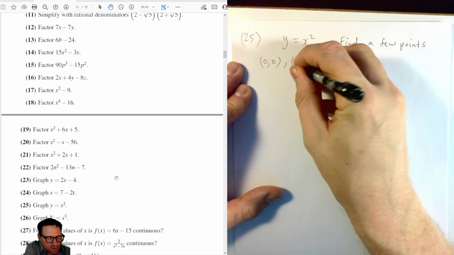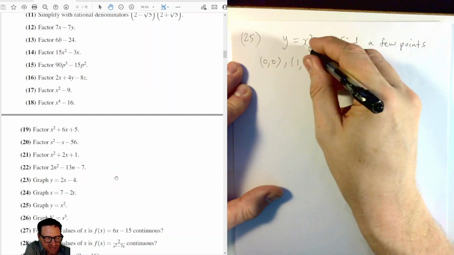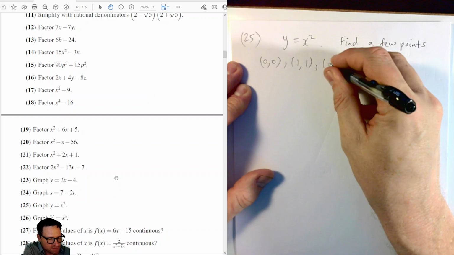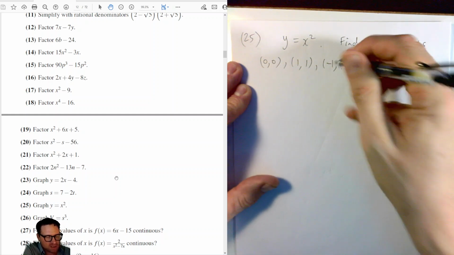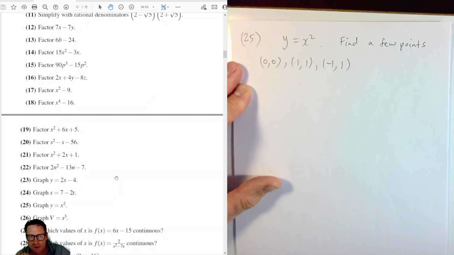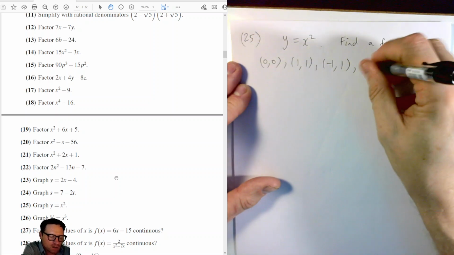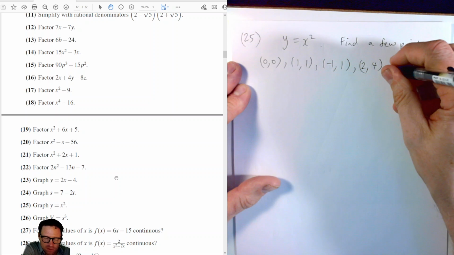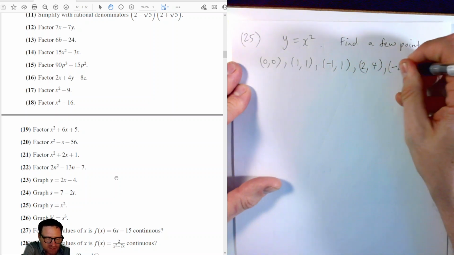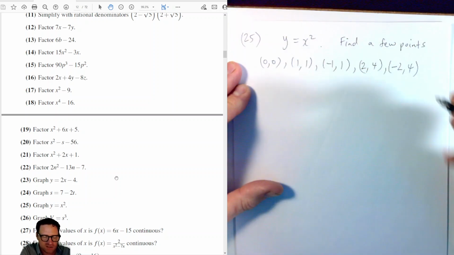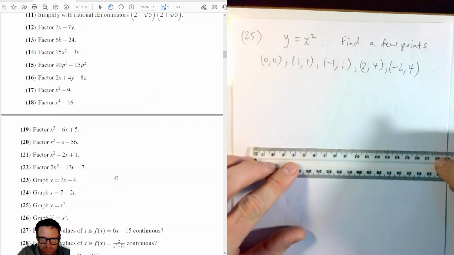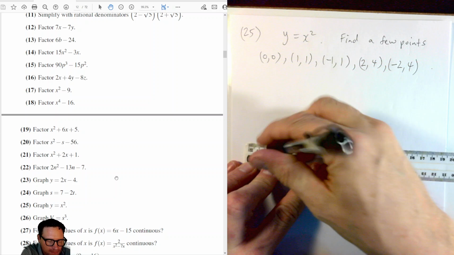We've got the point 1, 1, because when x is 1, 1 squared is 1. We've got the point minus 1, 1, because minus 1 squared is 1. We've got the point 2, 4, because 2 squared is 4. We've got the point minus 2, 4, because minus 2 squared is 4. So that should be enough to sketch our curve.